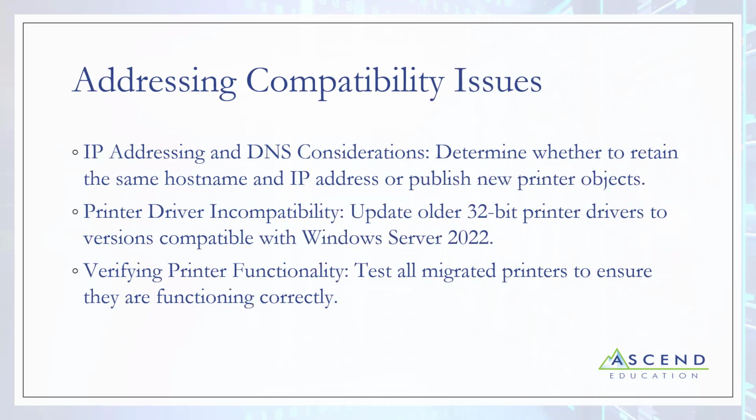So, addressing compatibility issues, IP addressing and DNS considerations. Well, this happens a lot, once again, in mergers and acquisitions, where you have one office with one subnet and setup, and then another office with another subnet, and you have to set up a VPN tunnel between the two. Well, one time I had both of these offices, just randomly during one of these types of setups, both randomly using 192.168.16, and it was crazy.